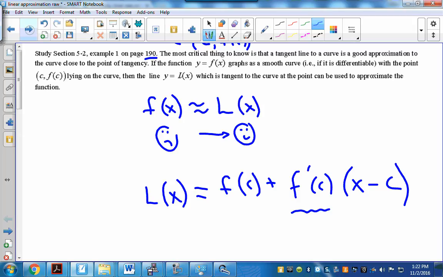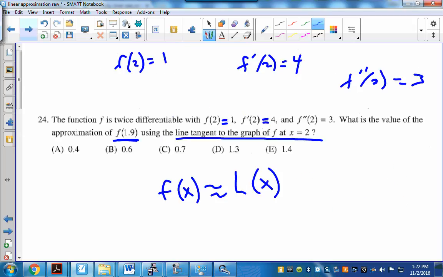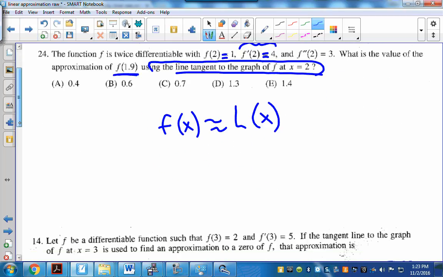So here's the problem again. It tells you f of 2 is 1, f prime of 2 is 4. Notice that this is m tan. This is the slope of the tangent line. Right? And they want the tangent line at 2. So we'll just write down what I had just a second ago.